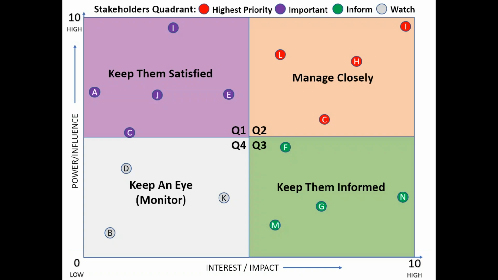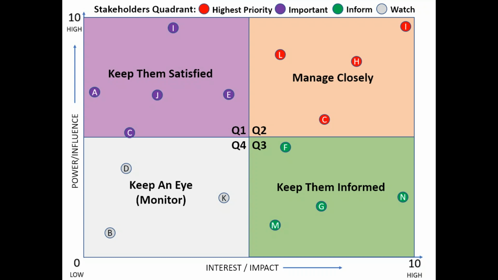And how would it look? This is how it looks, right? What I've done here, slightly differently, is I've given a different color to each quadrant. I have physically written 0 to 10 here and 0 to 10 there, so I can allocate them appropriate values. Then the highest priority is managed closely. So H, C, and L are shown as red, highest priority.